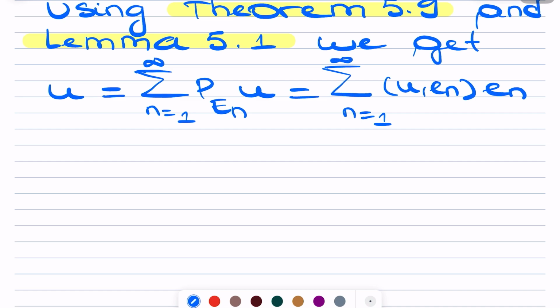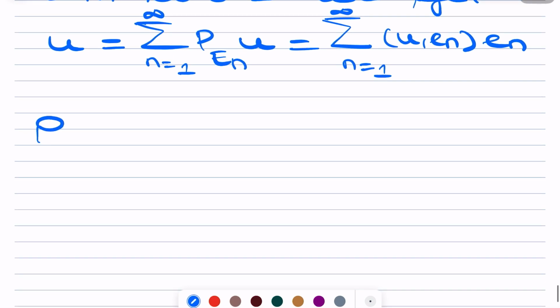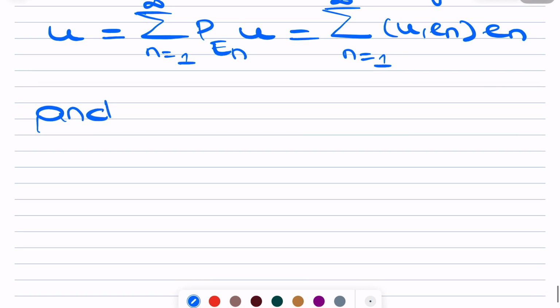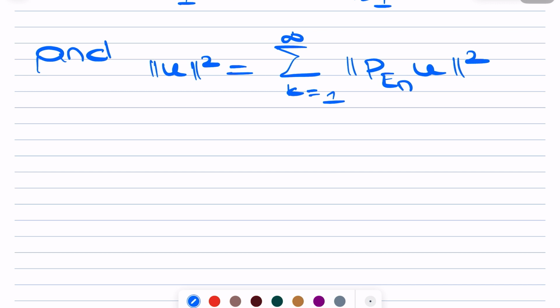And we also have that the norm of u squared is exactly the sum over k from 1 to infinity of the norm of the projection of u onto E_k squared.